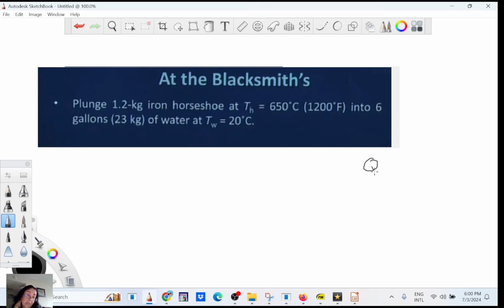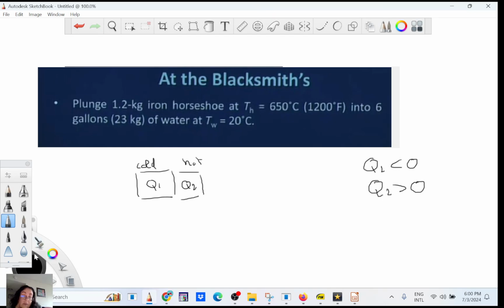Heat that is lost is going to be negative. Heat that is gained is going to be positive. So if you have two bodies in contact, this one is hot and this one is cold relative to that one. So heat will flow from the hot to the cold.